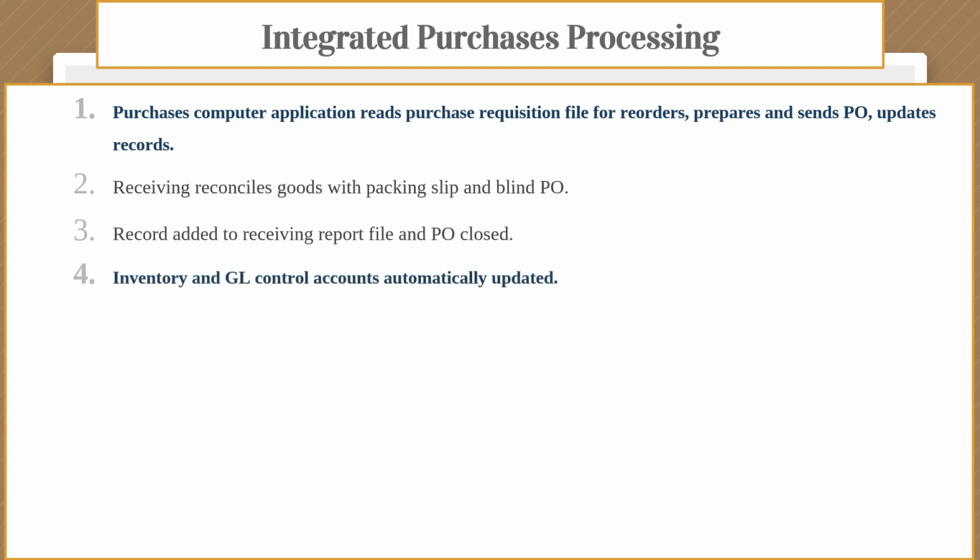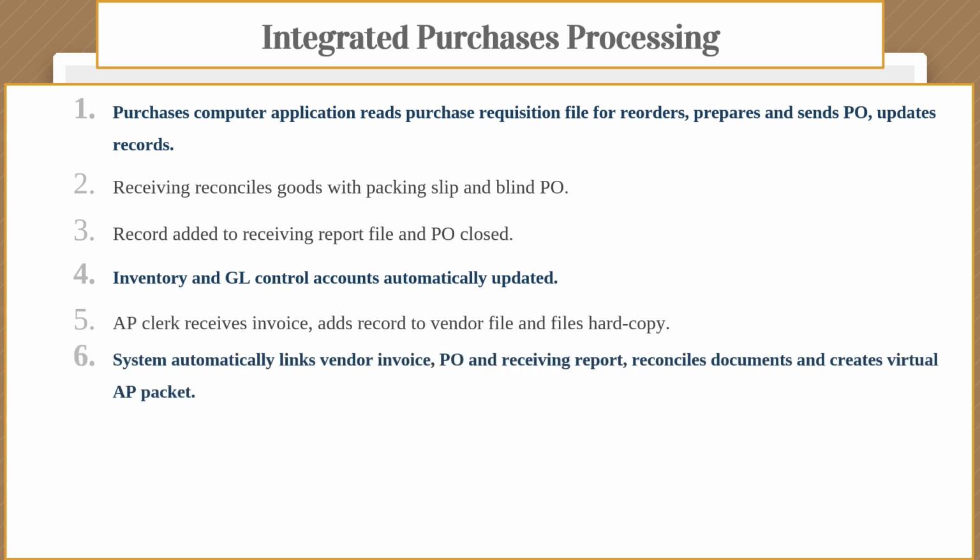Then number four, inventory and general ledger control accounts are automatically updated. Number five, the accounts payable clerk receives the invoice, adds the record to the vendor's file and files the hard copy. Then the automated process: the system automatically links the vendor's invoice, account, purchase order and receiving report, reconciles the documents and creates a virtual accounts payable packet.